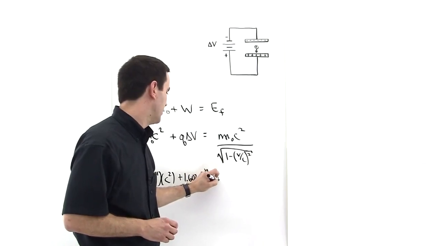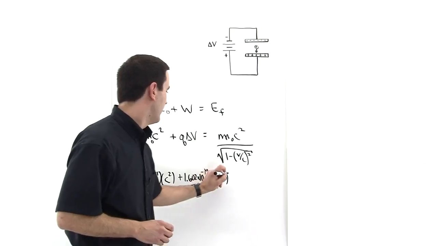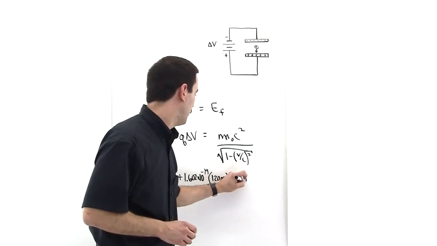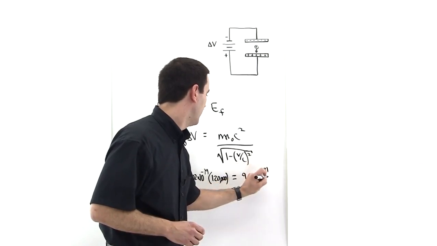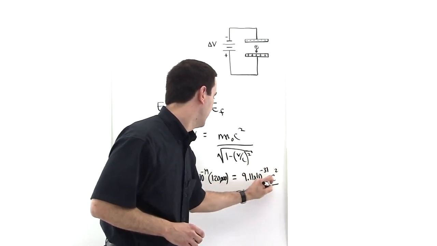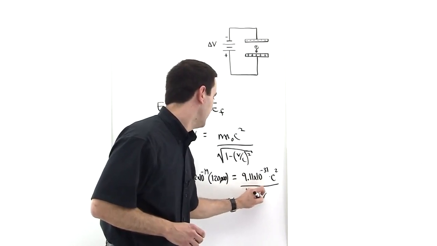And then we put 120,000 right here, and then equal to 9.11 times 10 to the minus 31 times c squared divided by the square root of 1 minus v over c squared.